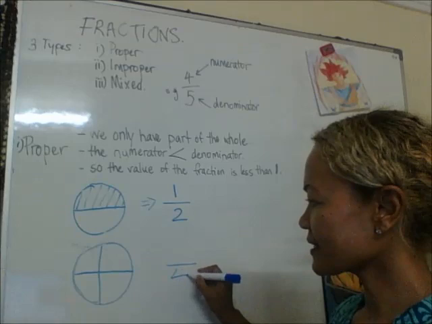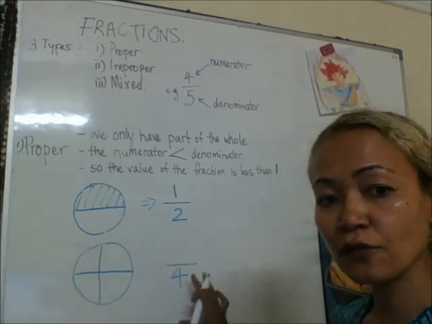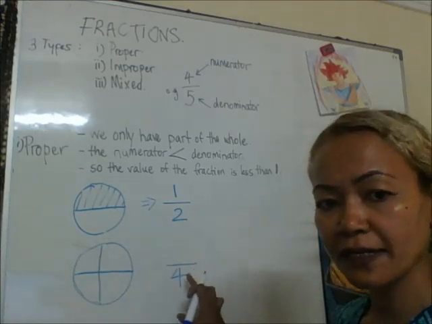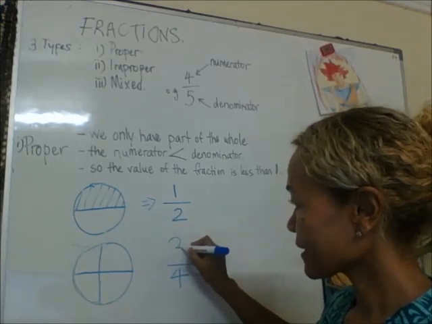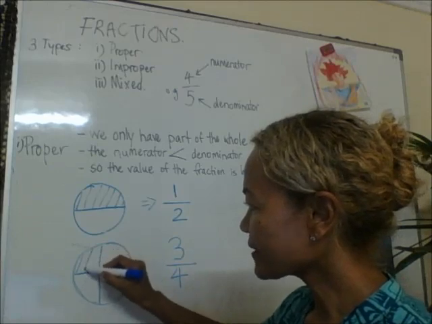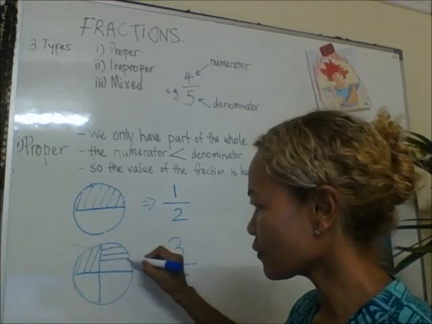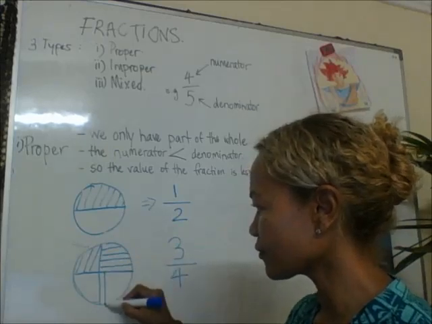So the denominator is 4, because out of the whole I have 4 possible equal parts. Now, if this fraction was, say, 3/4, then I will shade 3 parts out of the 4. Only 3 parts out of the 4.